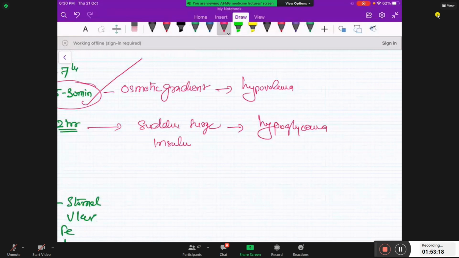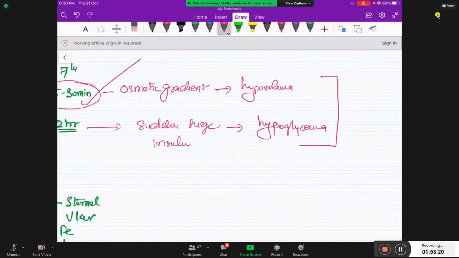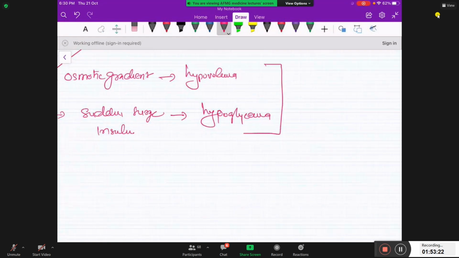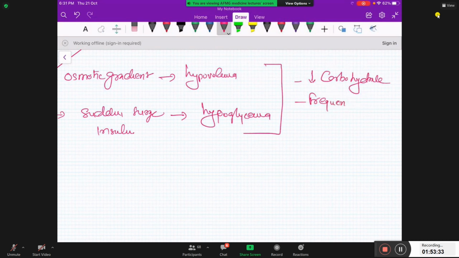What to do? The simplest solution, which we can easily appreciate, is that we should decrease the carbohydrate content of our diet, and we should take frequent small meals. This will take care of both the problems.